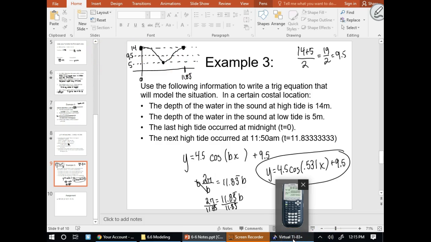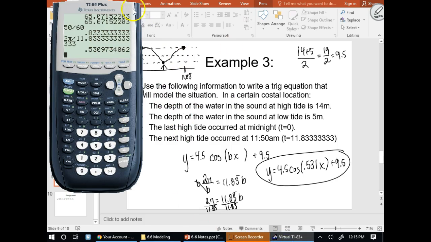The other way I could do this is I know the coordinates of this point right here would be at 0, 14. The coordinates of this point right here, how am I going to find the x coordinate? 11.83 divided by 2 is going to give us 5.916 repeating.